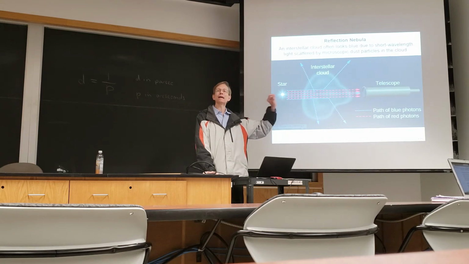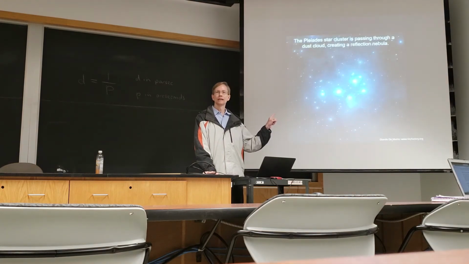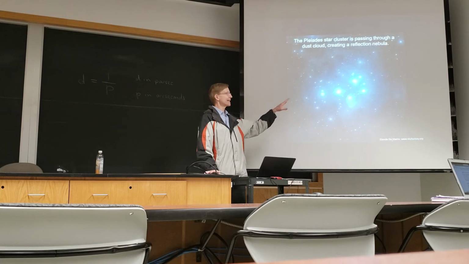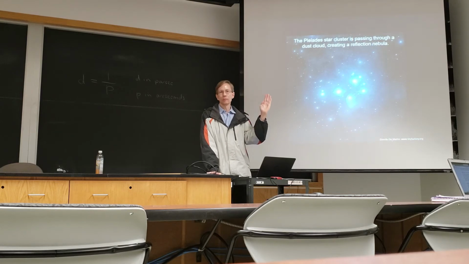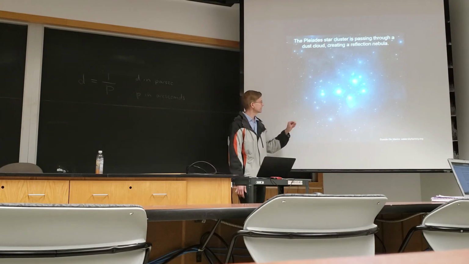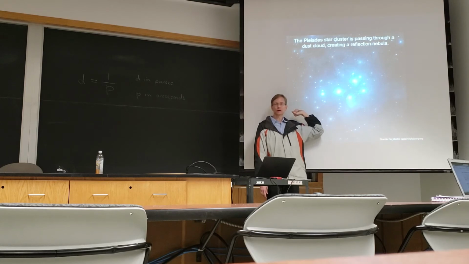if the star is way off in the background, if it's embedded in the nebulosity, like the Pleiades is, then, and again, you can't tell just by looking at this, but if you made very precise spectrophotometric measurements of the brightness versus wavelength, the idea here is, yeah, these stars are blue, but they're even bluer than they look here because the dust is scattering some of the blue light from those stars out of our direction.